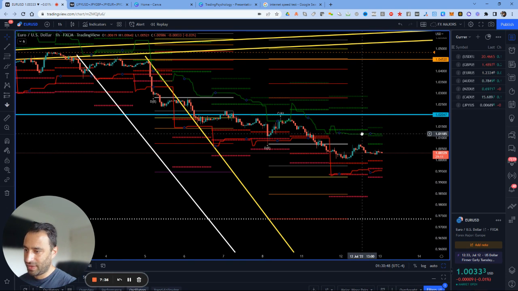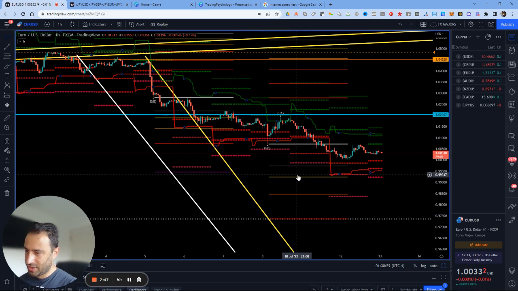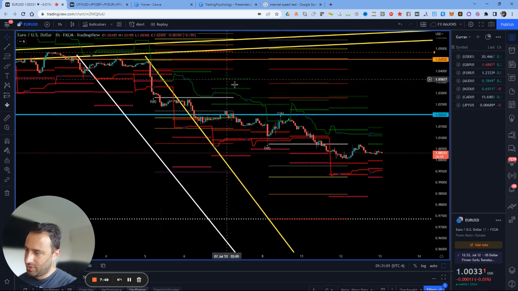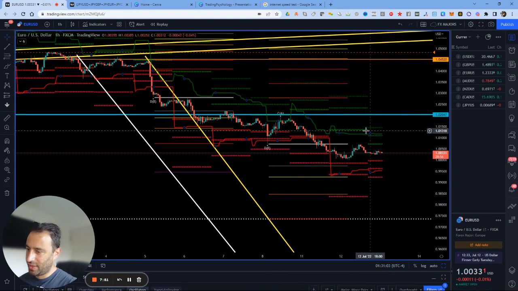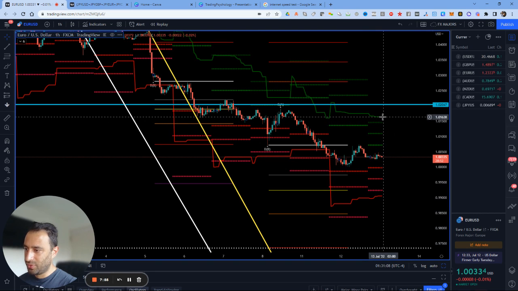Obviously, with it being a day-to-day, let's check. You can make this a 1.5 DTR, which would be unlikely to get hit just based on the fact that you can see that this line is not getting hit much, but that would take you all the way up there.